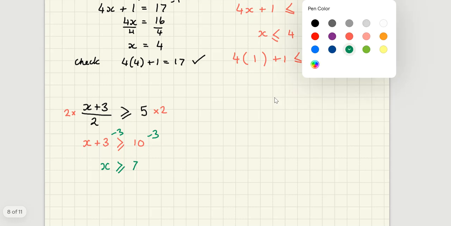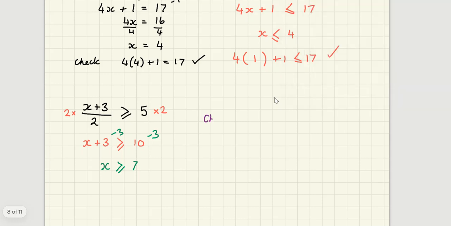We're now going to do a check with x equals, what? I don't want to pick that number because that's what I've just found. It's got to be greater.